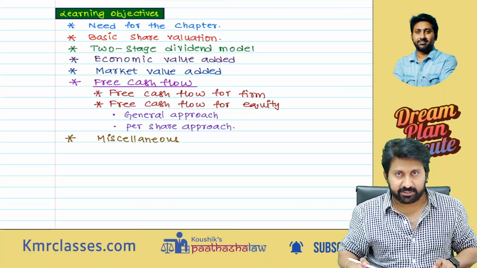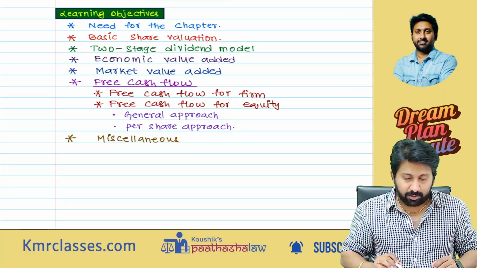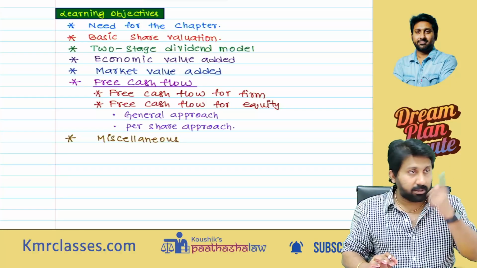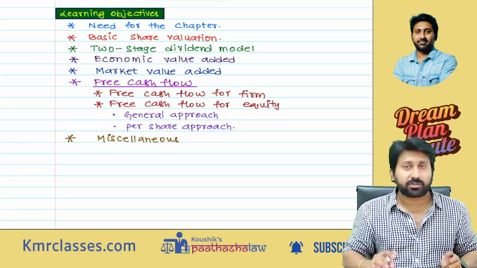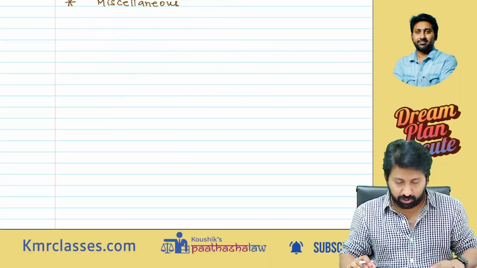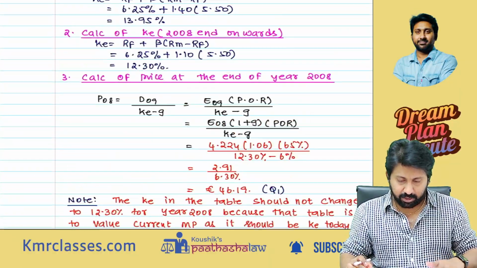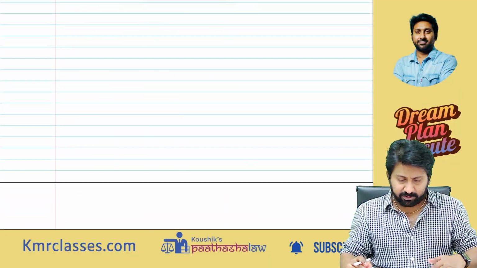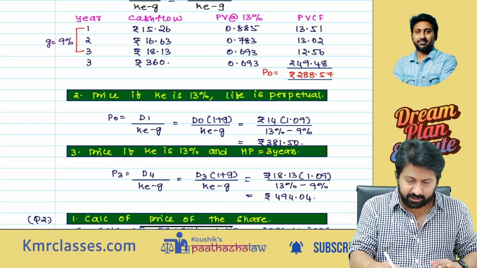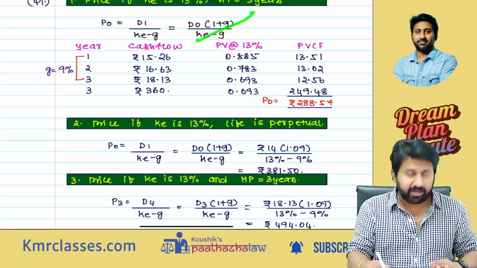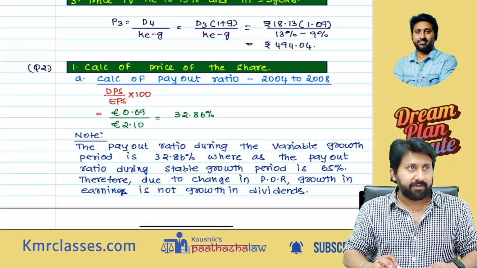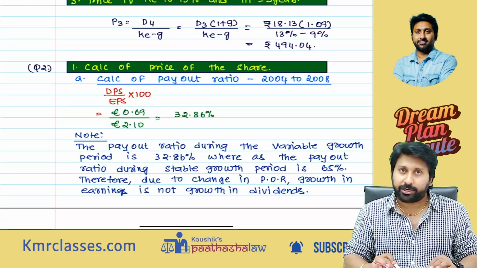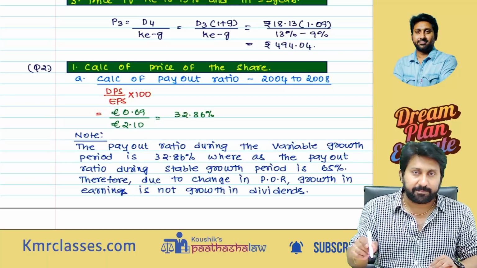Next area is business valuation. Basic share valuation and the two-stage model we already completed, Gordon type. Economic value added, market value added, and free cash flows are the three main concepts that we need to concentrate on. Normal calculations, I told you, are D1 by K minus G kind of calculation. Whenever you want to calculate a payout ratio not given in the question, it is DPS by EPS into 100.